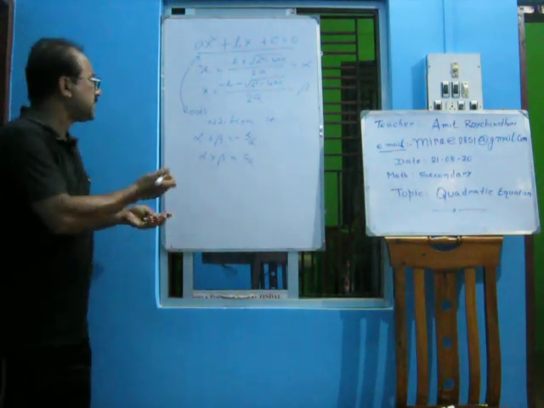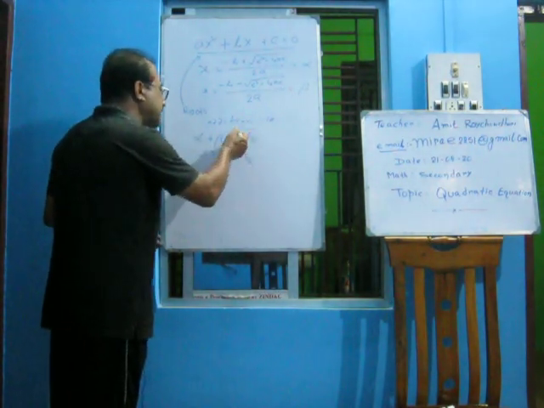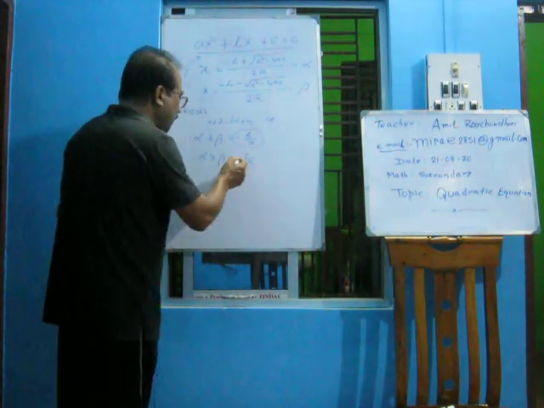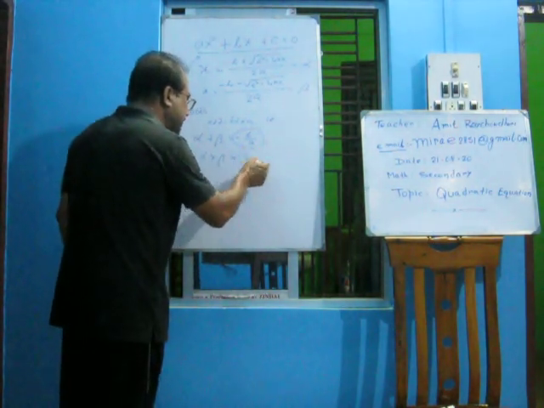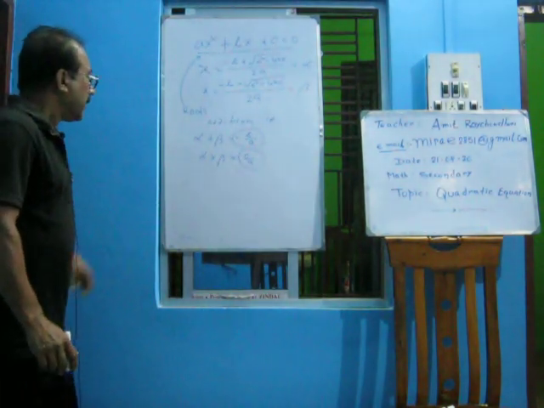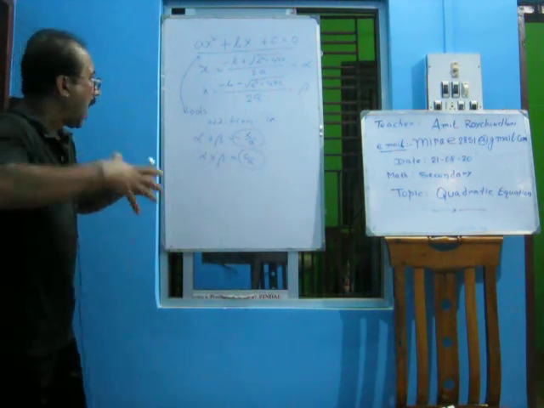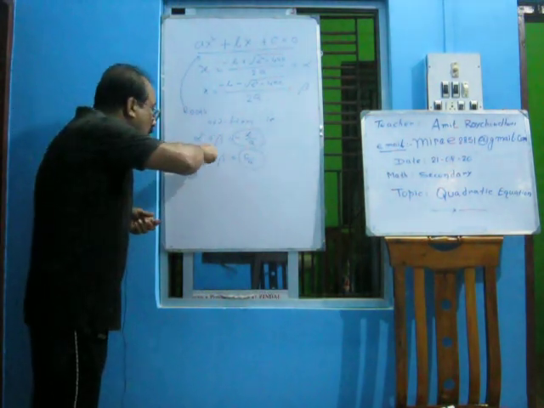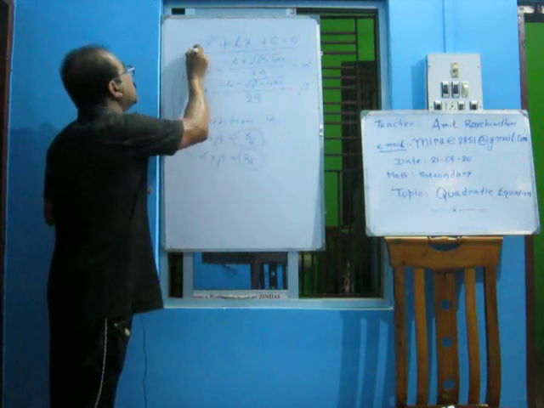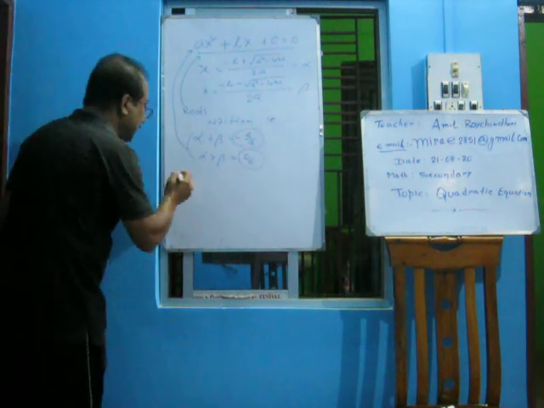Why am I emphasizing this? When two roots are added, the result is minus b by a, and alpha into beta is c by a. By this alpha and beta, I will go back to the equation. The format is very easy.